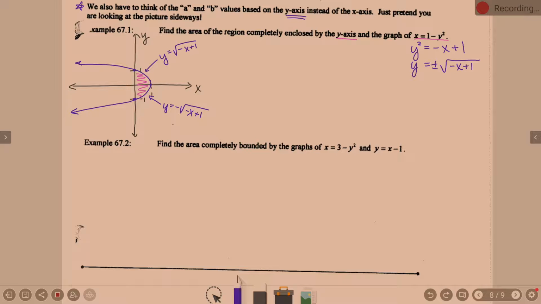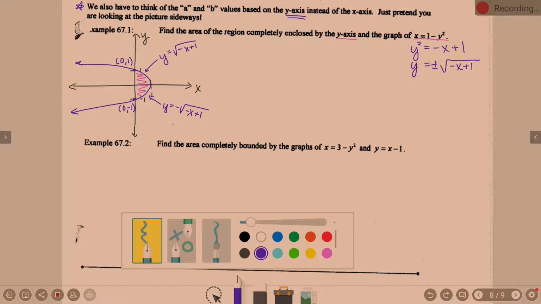What are these points on the y-axis? Yeah, they're going to represent A and B, aren't they? They are the ordered pairs 0, 1, and 0, negative 1. So what are my A and B values going to be?